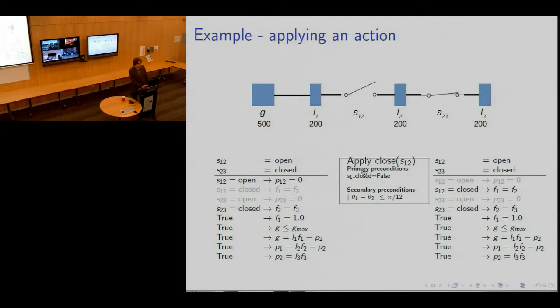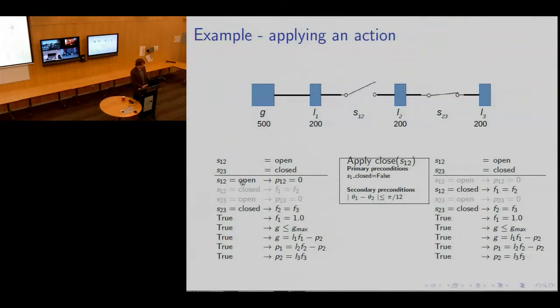So an action that we want to apply involves closing this switch over here. In order to close a switch, we first have a precondition over primary variables, that this switch has to be open, which is true in here. And second, we also have this secondary precondition, that the difference in the phase angles has to be below some threshold value.